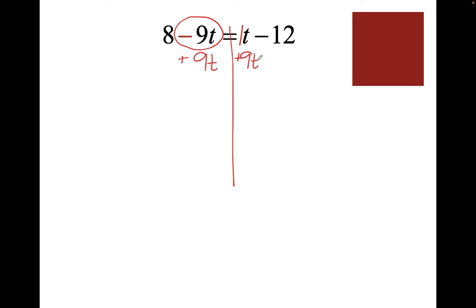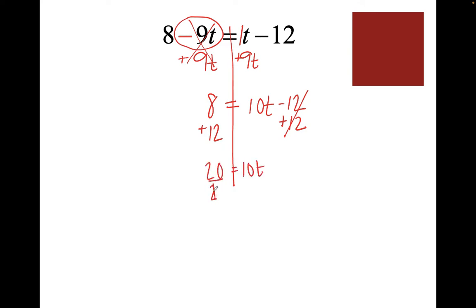This will avoid any negatives that I would get if I ended up subtracting 1t from the 9t. So now we have 8 equals 1t plus 9t, which is 10t, minus 12, and then add 12, giving us 20 equals 10t, and divide both sides by 10, giving us 2 equals t.